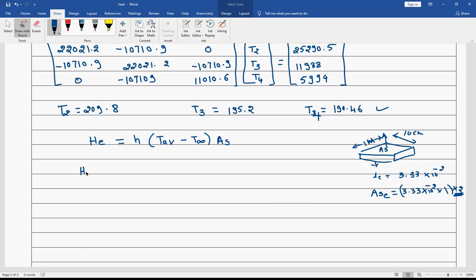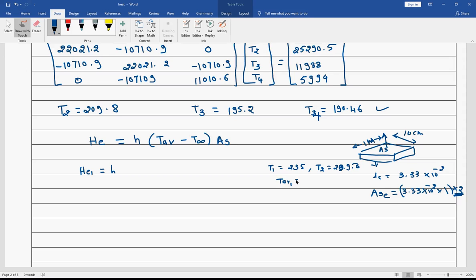So I just write He1 equals H, okay, T average. So T1 is 235 and T2 is 209.8.